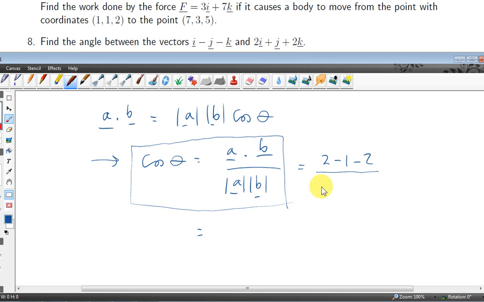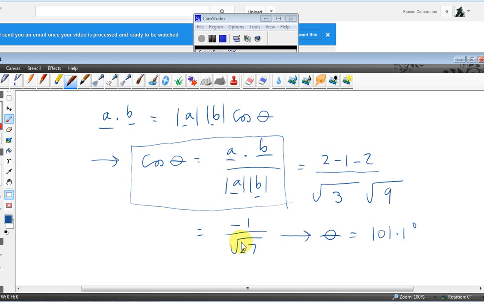We have to get the magnitude of A, so we square the components and sum them. 1 squared plus 1 squared plus 1 squared, that's 3. Then we have to get the magnitude of B, 2 squared plus 1 squared plus 2 squared. So it's 4 plus 1 plus 4, that's 9. So here is cos theta, so theta is 101.1 degrees.